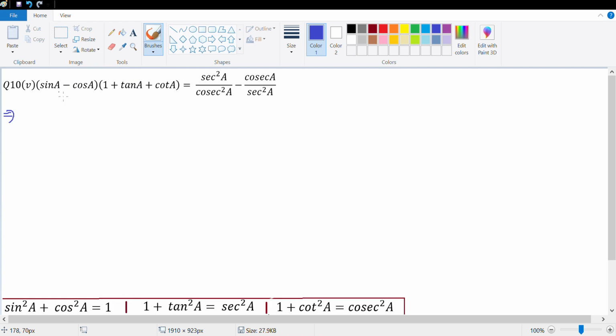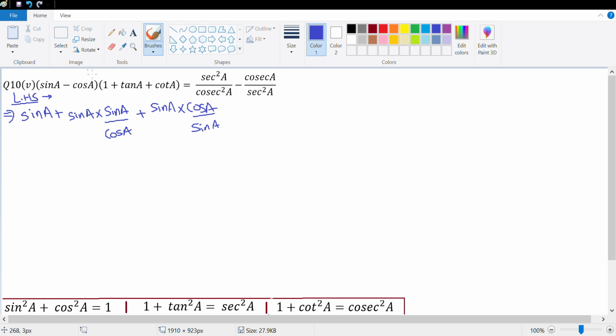Let's open the bracket. So this will be sine A into 1, which is sine A, plus sine A into tan A, which will be sine A times sine A upon cos A, plus sine A times cot A, which means sine A times cos A upon sine A. Again, I have started with the left hand side.